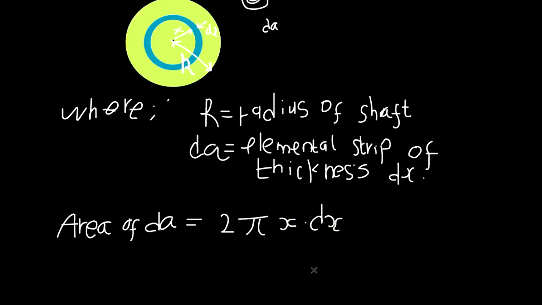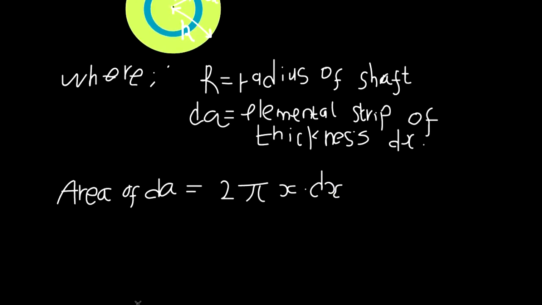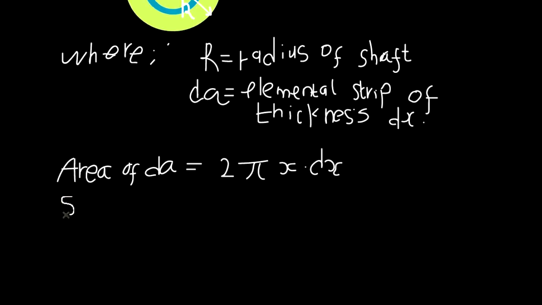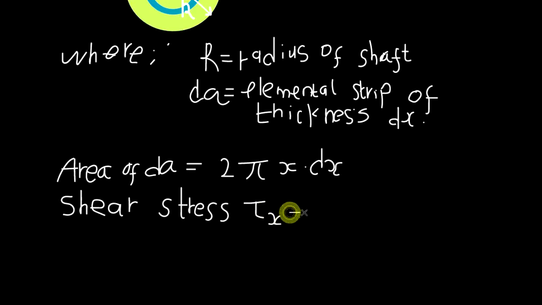Yeah, that's the formula for the area of dA. Then next we'll find the shear stress, tau x, which will be tau multiplied by x over r.